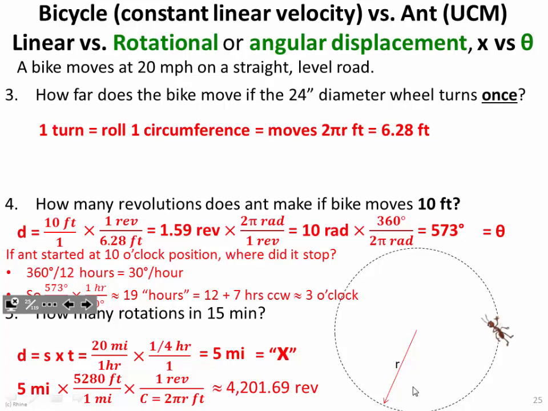Of course, we could figure out the clock position by using the same methodology. What's the quickest way to figure out your clock position from here? We look at a natural clock and do what? What's the quickest way to tell where he is in terms of our 10 o'clock starting position? Let's say we start at 10 o'clock again. What would you do here? What's simple math on this? 4,201.69 revolutions.